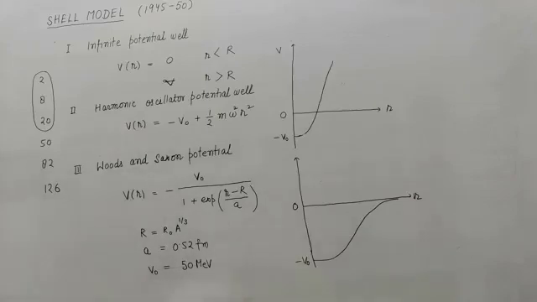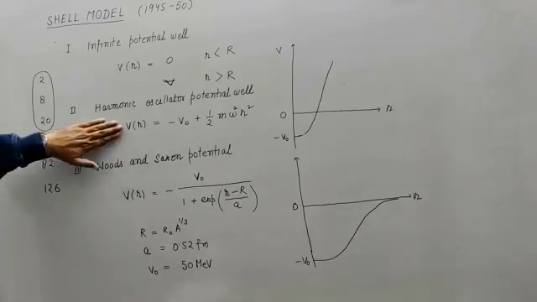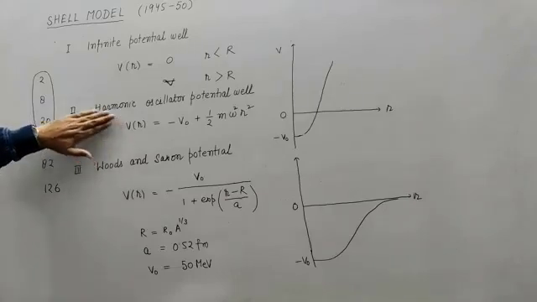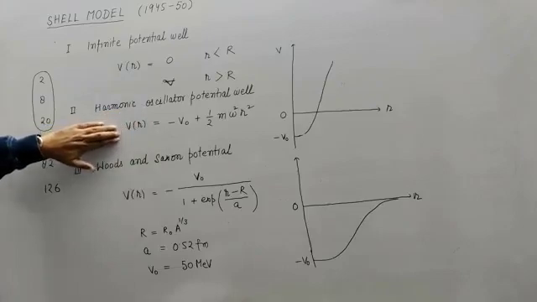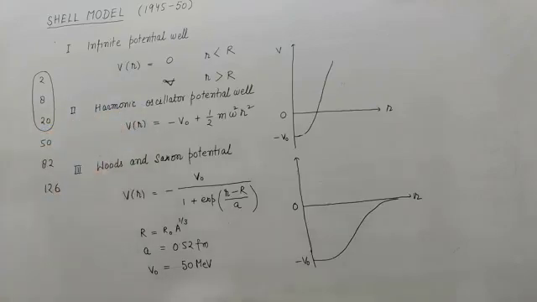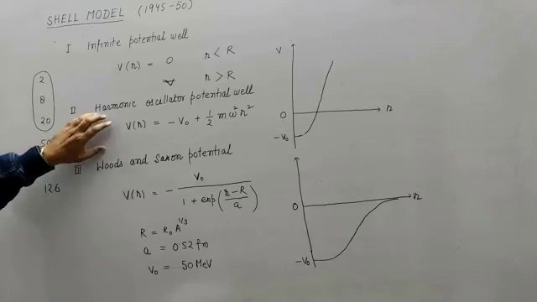What this potential provides is degenerate energy levels. This was the important aspect introduced by the harmonic oscillator potential well. I am going to discuss only this part, not in detail.